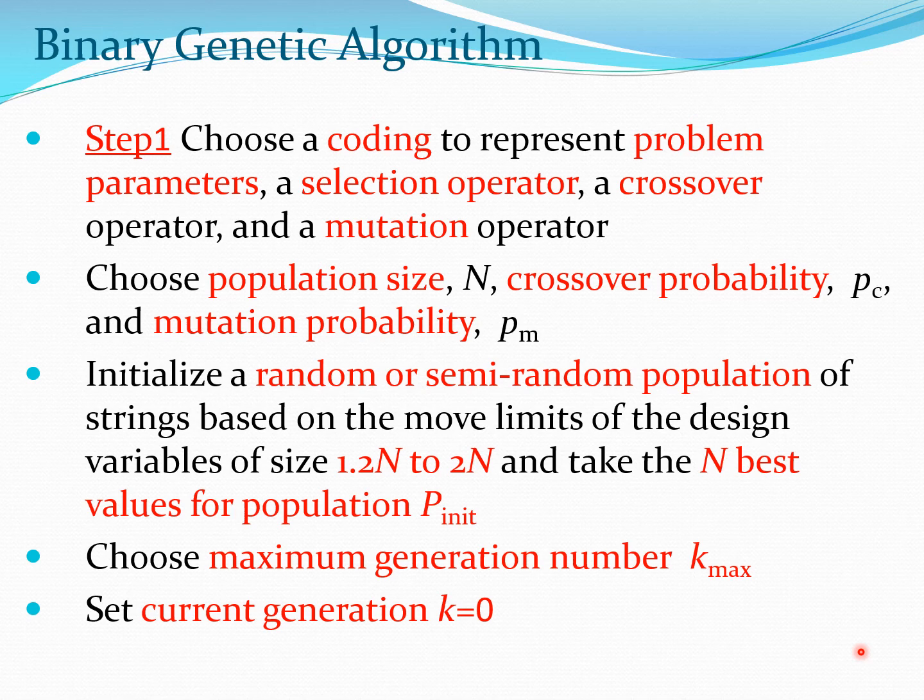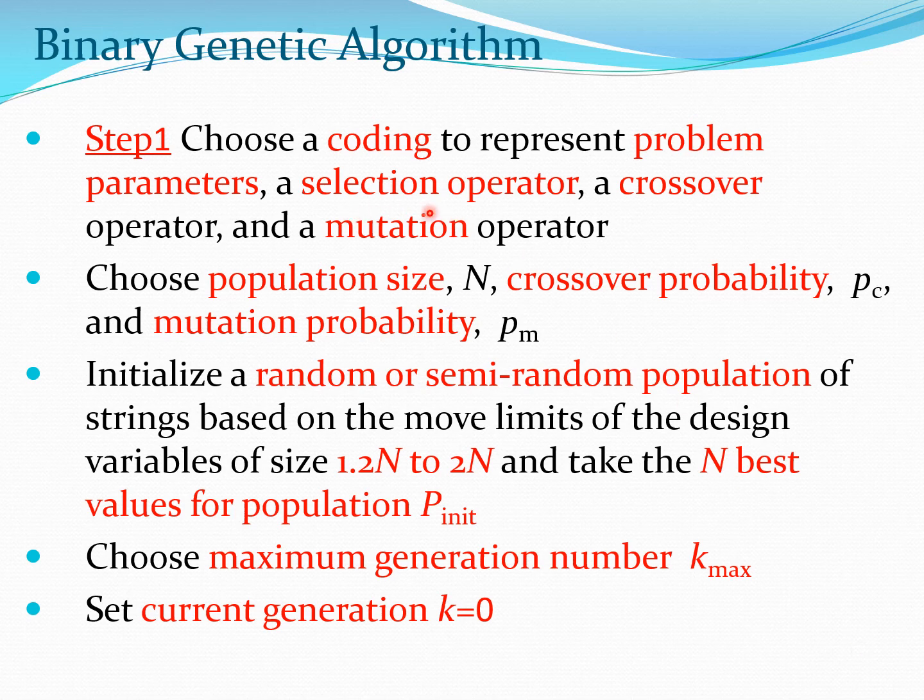So now we are in a position to write out the binary GA as a set of steps which you can use to write a code for this problem. Step one of the process would be choosing a coding to represent the problem parameters. Remember, by coding we mean 4-bit, 8-bit, and so on. So each design variable has to be coded.